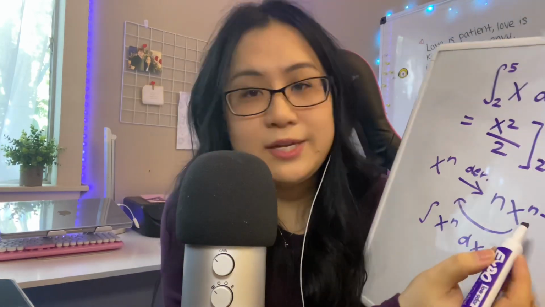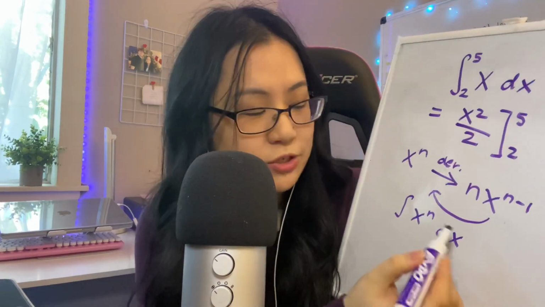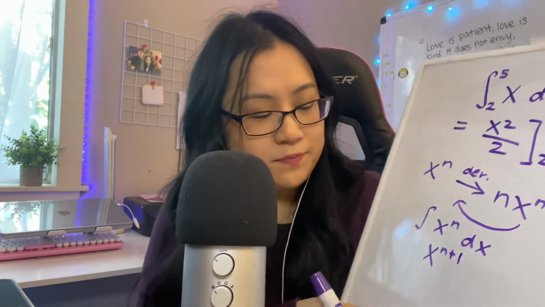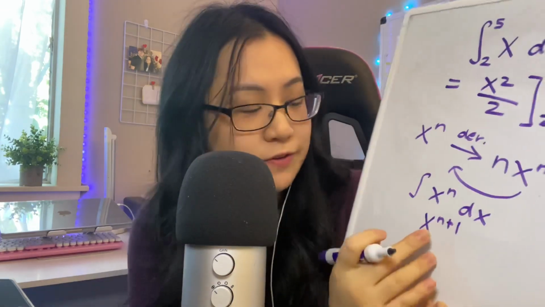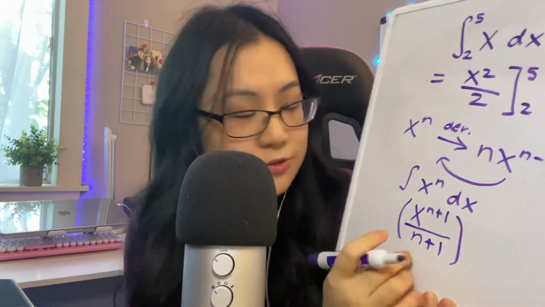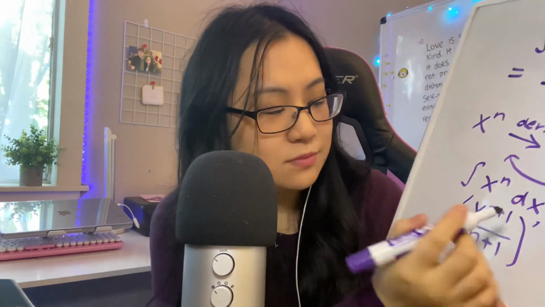So if I do x to the n plus 1, and I take the derivative of x to the n plus 1, and then I do over n plus 1, if I take the derivative of this, that's basically what we did here.